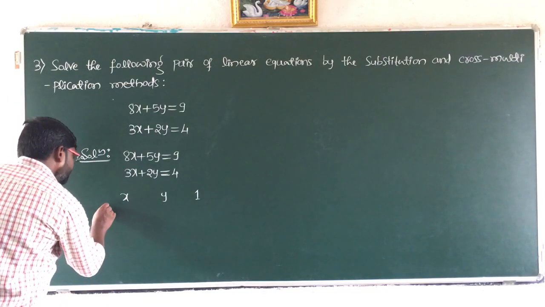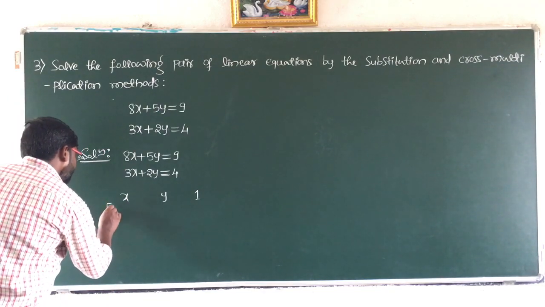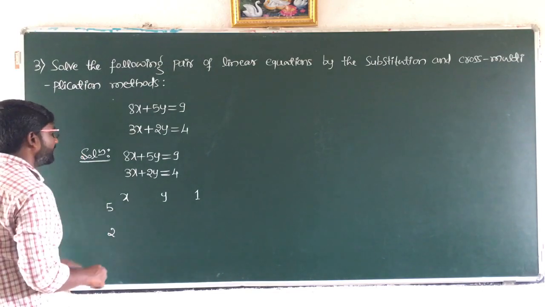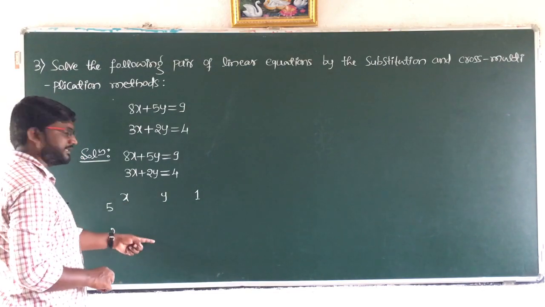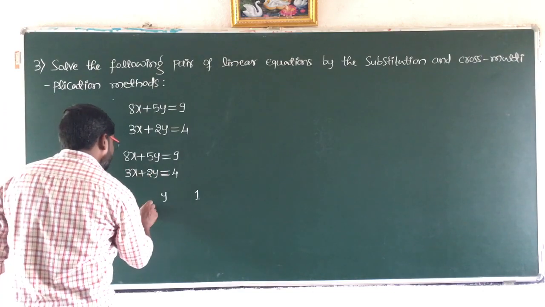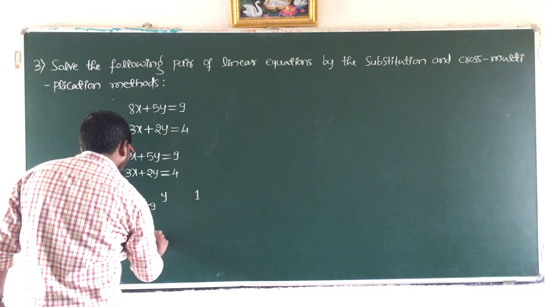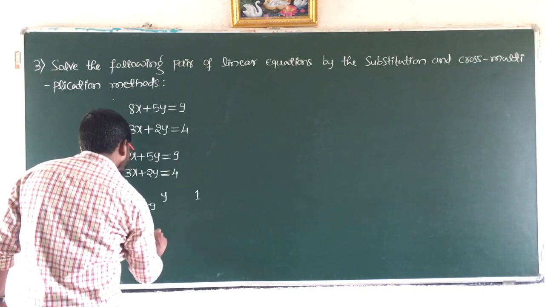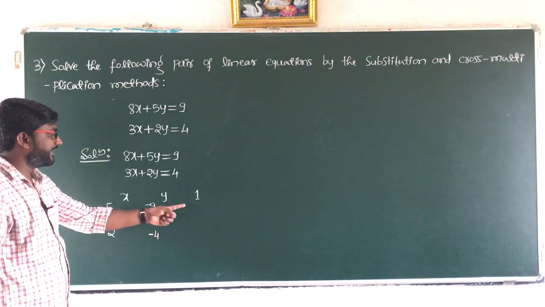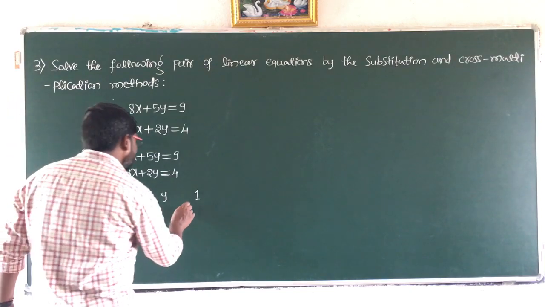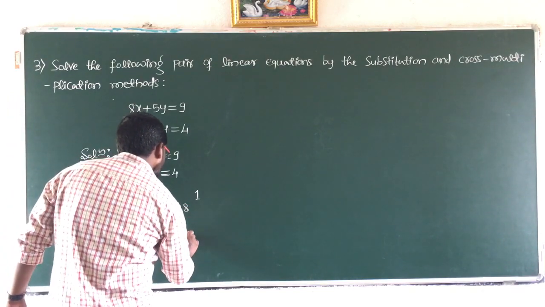It is 5 and then 2. Now here we will write c1 c2. So c1 will be minus 9, then c2 will be minus 4. Now we have to write a1 a2. It is 8 and then 3.